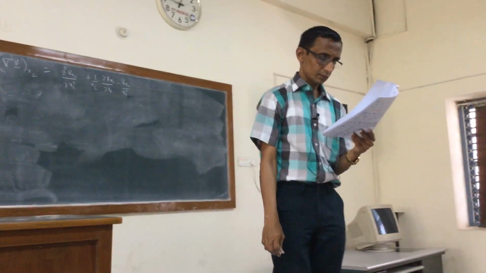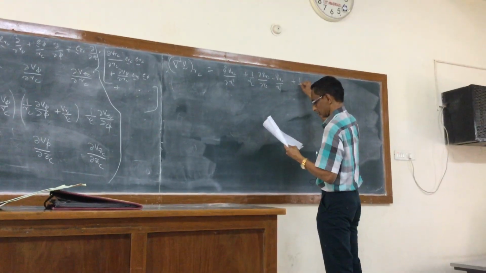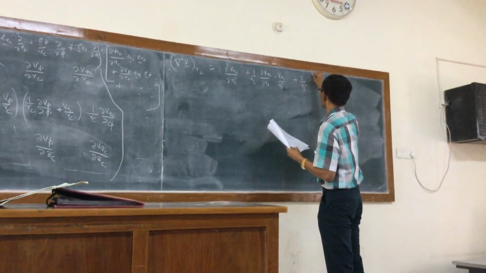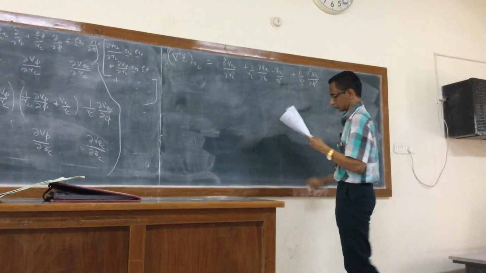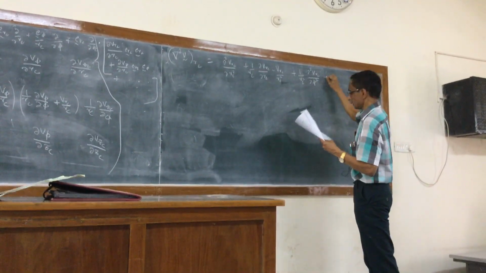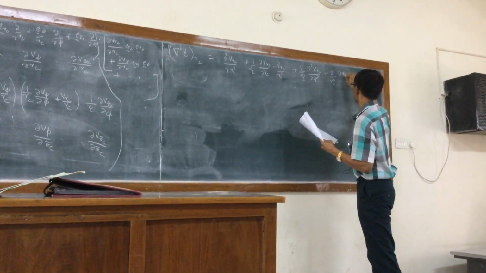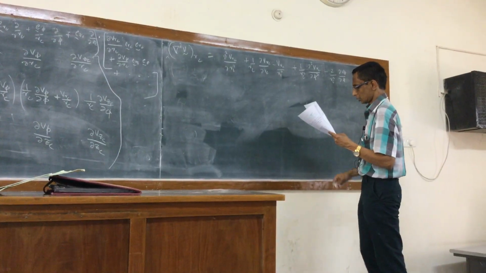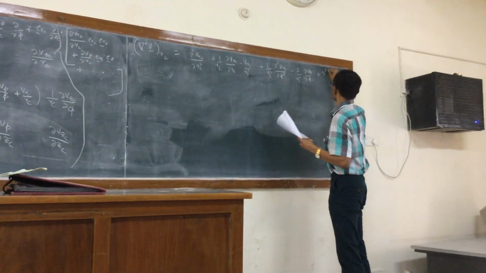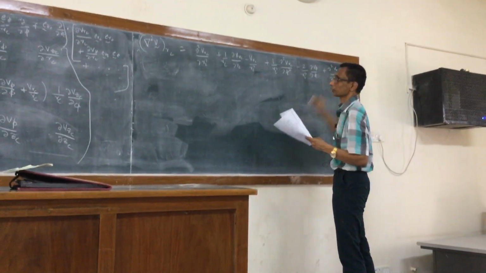So these are one group of terms, plus 1 over RC squared d squared vRC by d phi squared, minus 2 over RC squared dv phi by d phi, plus d squared vRC by dz squared.